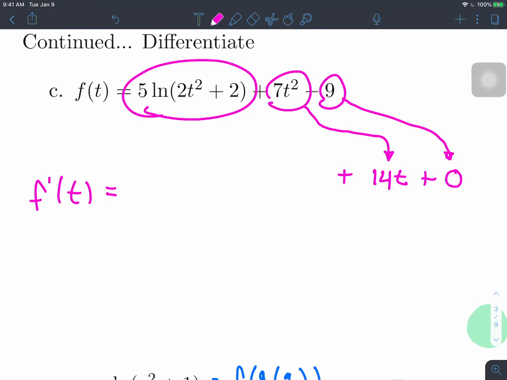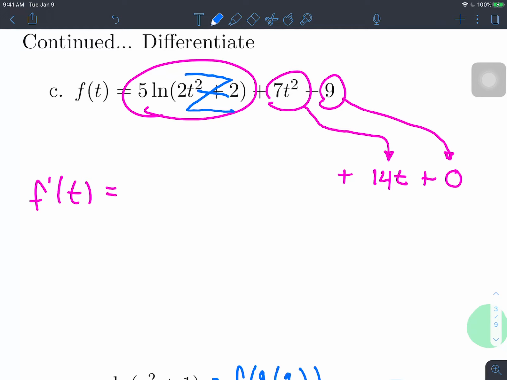Okay, so now I need to just do the derivative of this last summand. It's 5 ln of 2t squared plus 2. What's the inside function here? Exactly, 2t squared plus 2. And for the time being, I'm going to treat that whole inside thing as like z. Okay, just for the time being.